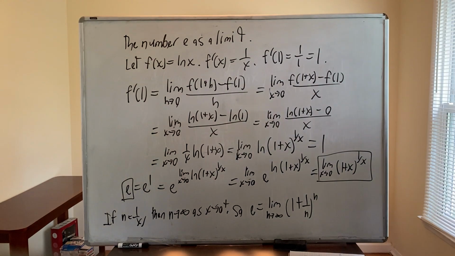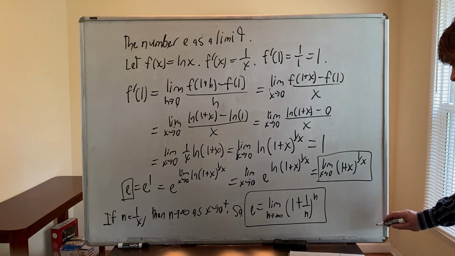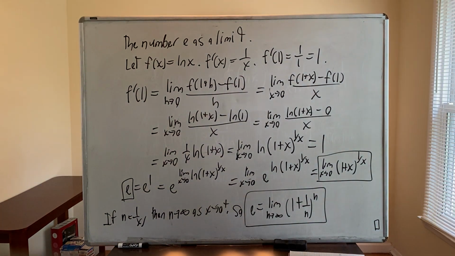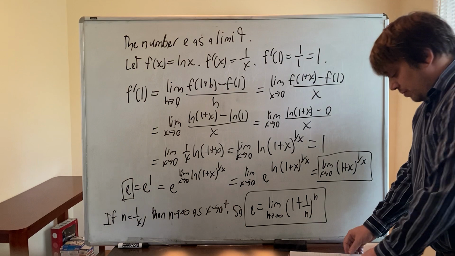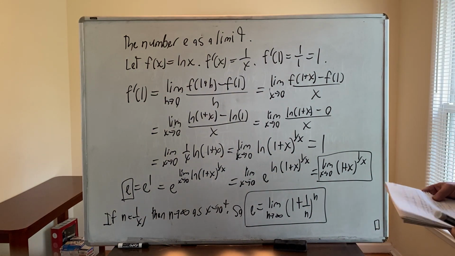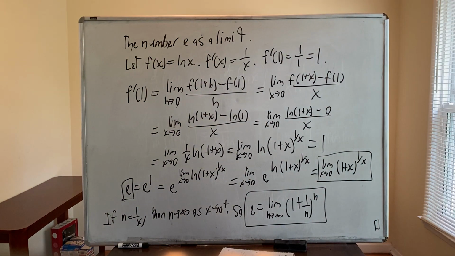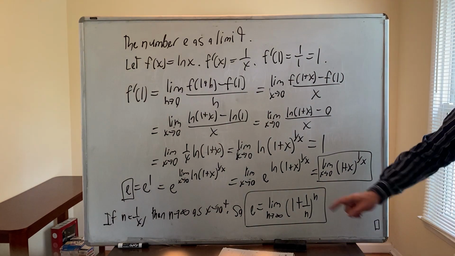And so we get that. Okay, so then that's e, because the limit as n approaches infinity of 1 plus 1 over n to the nth power.